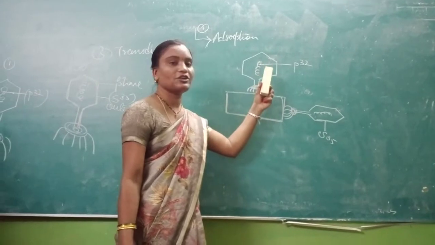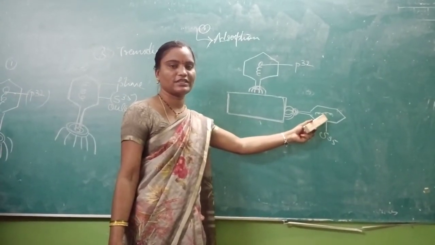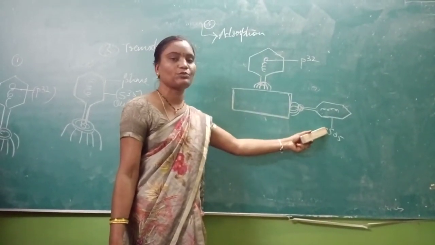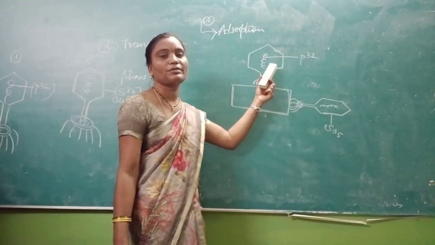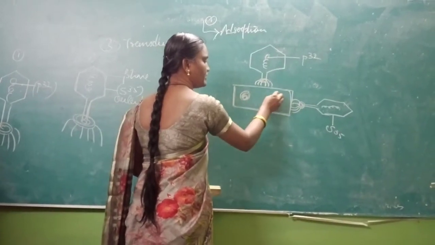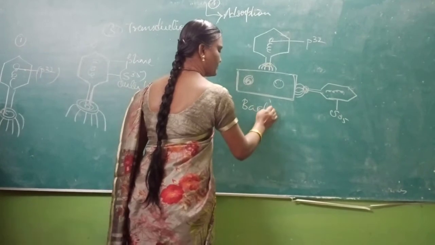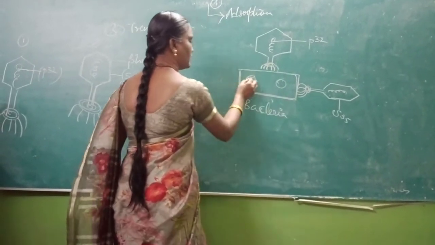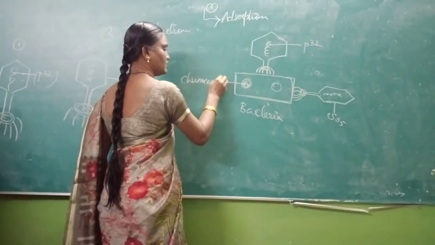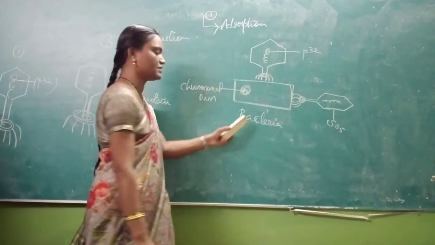And this is radio-labeled phage DNA, and this is normal phage DNA. So this is your chromosomal DNA, and this is your plasmid. This is your bacterial cell.